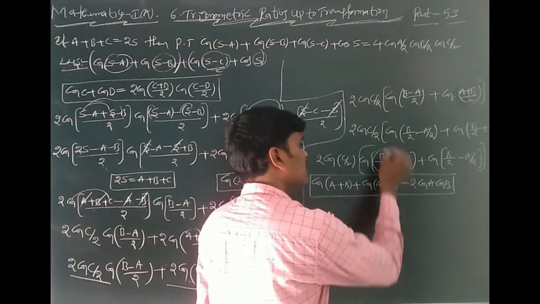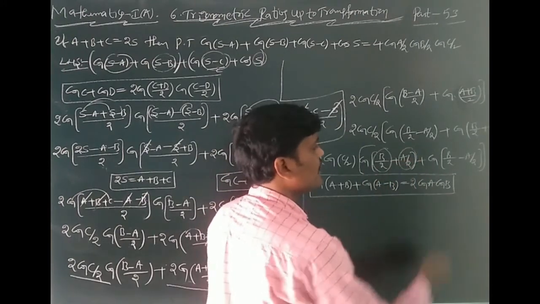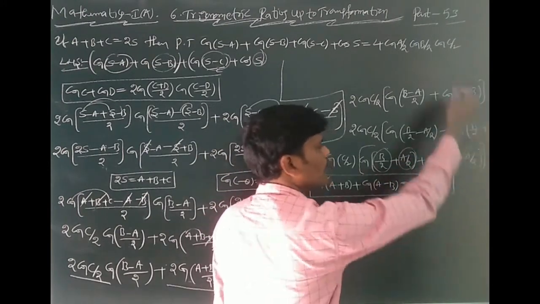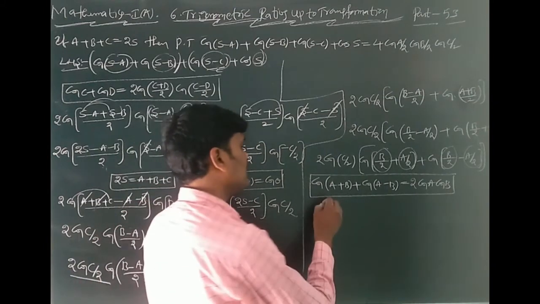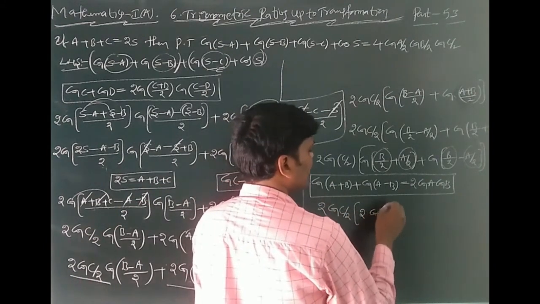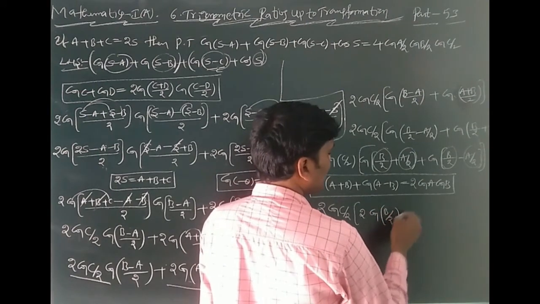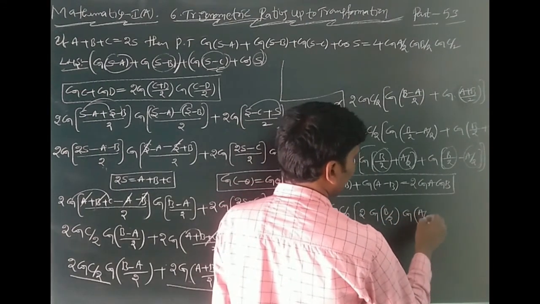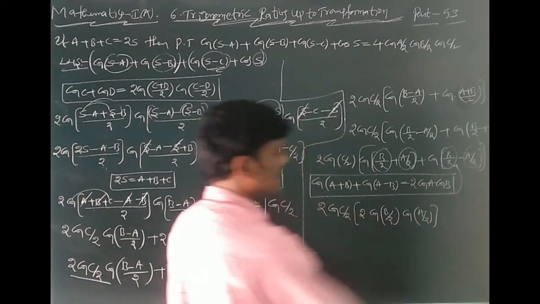Here A value is B/2, B value is A/2. You can write 2 cos C/2 times 2 cos(B/2) cos(A/2). You can compare it in this term.